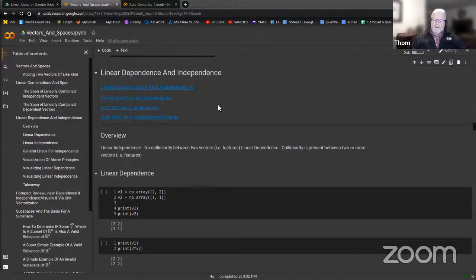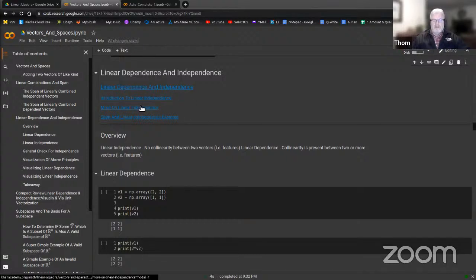But watch it, work through our examples, think about it. And then it's very valuable to watch it again, work through our examples again, and think about it. And even if you're inclined, try to code some of this stuff from scratch. But briefly, let's recover what it means for vectors to be either linearly dependent or independent.